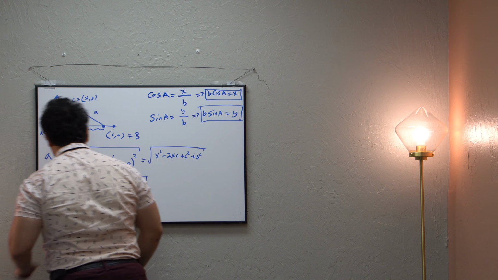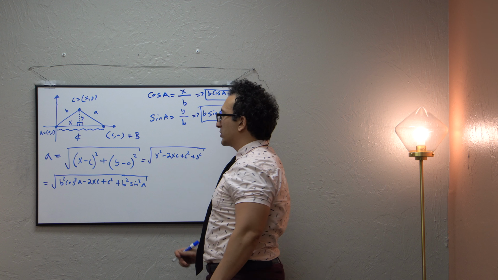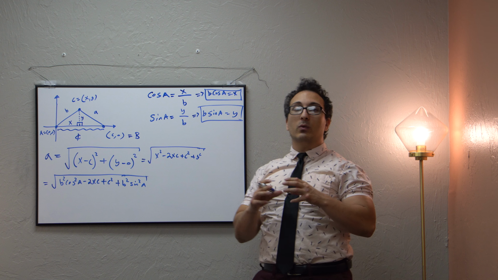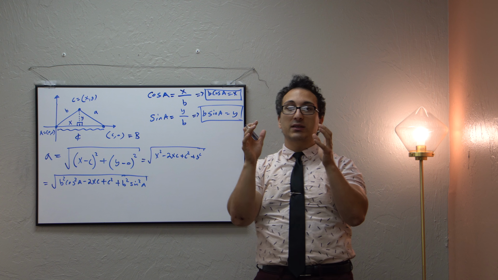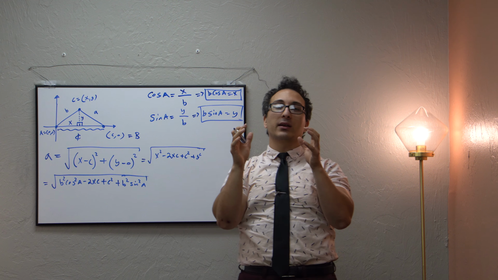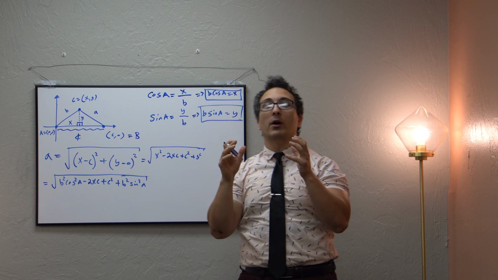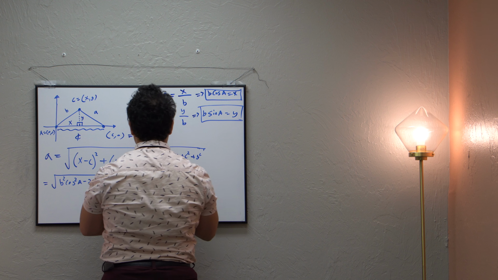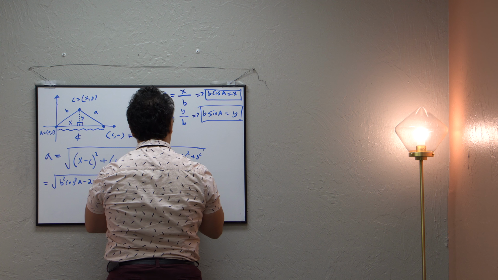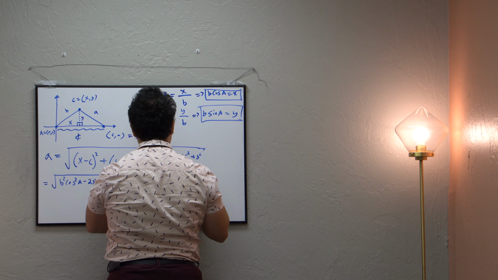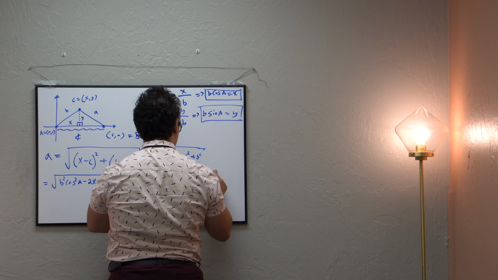Notice that this term and that term share a b squared. When we pull it out, we'll get b squared times the quantity sine squared a plus cosine squared a. Notice that that term will become 1. So I can rewrite all of this as just the square root of b squared minus 2xc plus c squared.